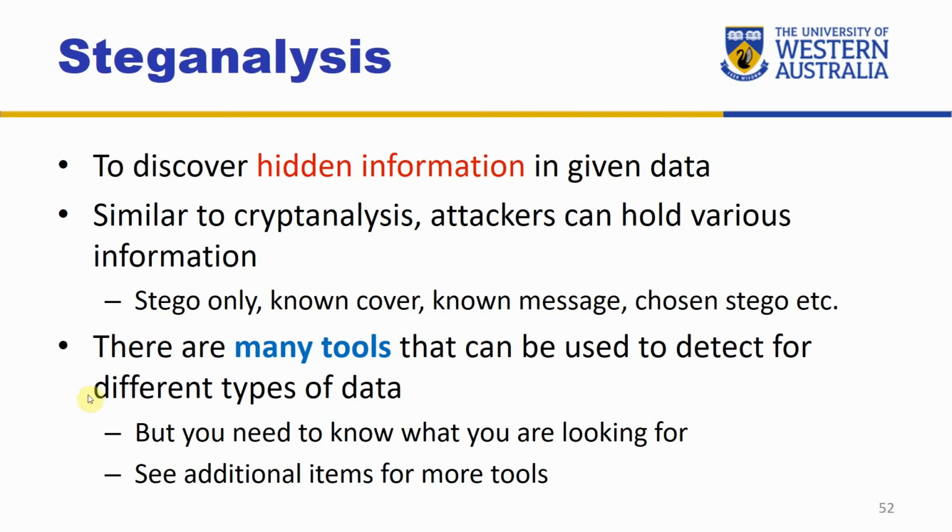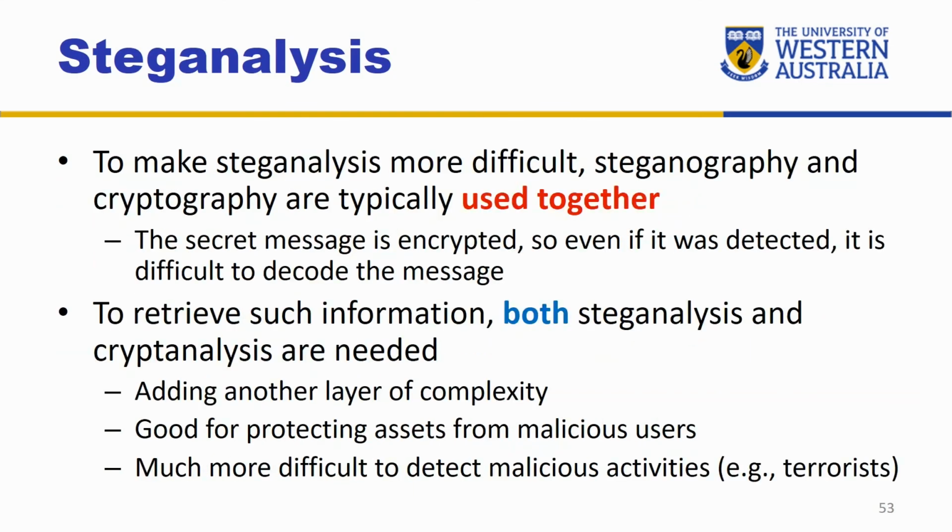But you need to know what you're looking for. That is probably the most difficult part of Steganalysis. It can be an image, it can be a text, or it can be anything else. So there are many other tools in the additional reading items, so please do read.